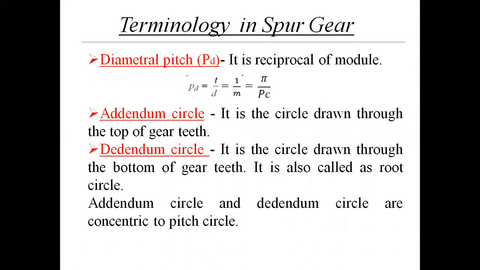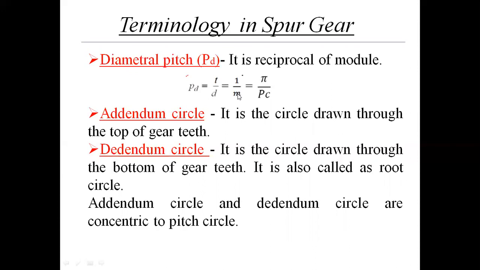Next is diametral pitch, and it is denoted by Pd. It is the reciprocal of module. This value is again required for the design part and for further analysis. So diametral pitch is nothing but the reciprocal of module.